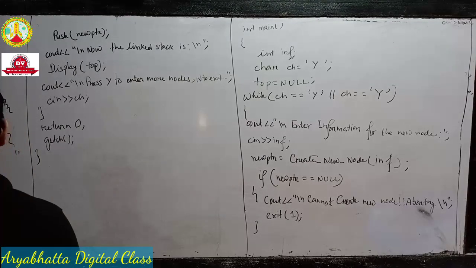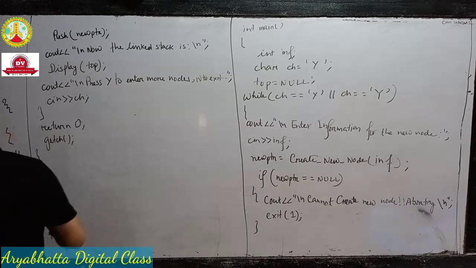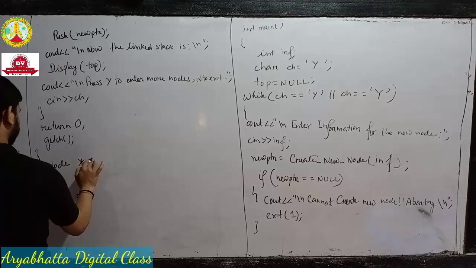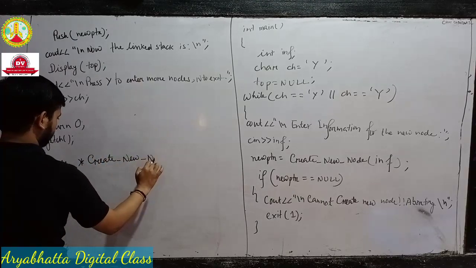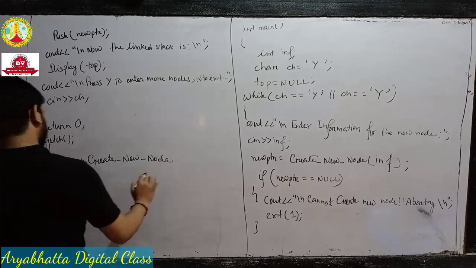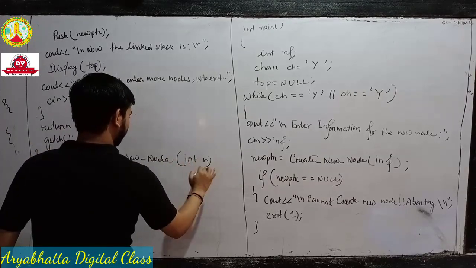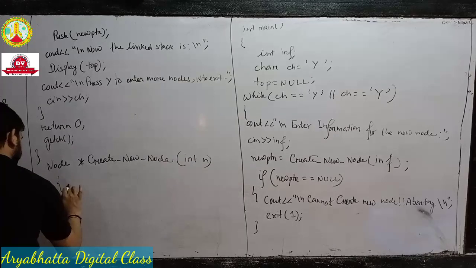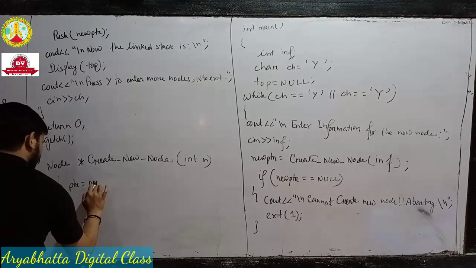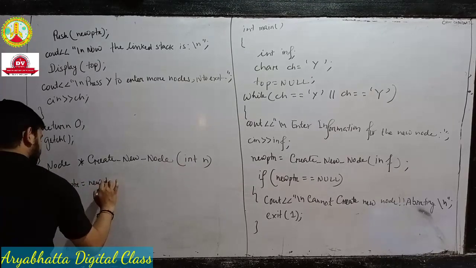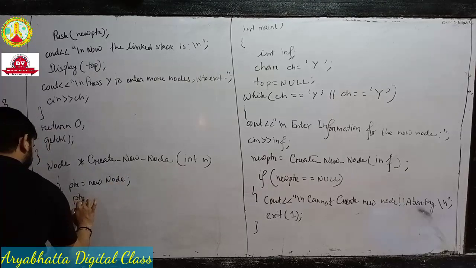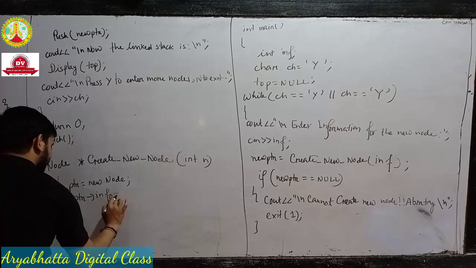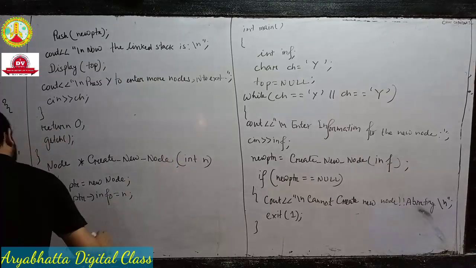We created three functions. We have to define all three definitions. Okay. Node, we take an int n. If ptr is equal to new node, ptr info will be definitely what? This n.